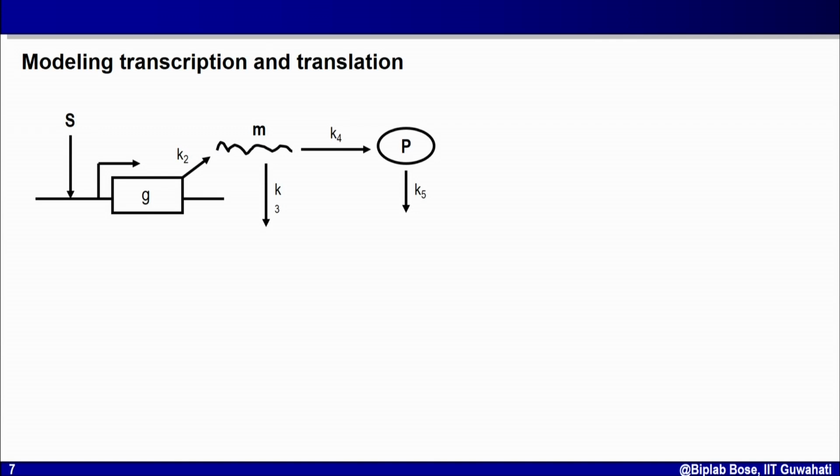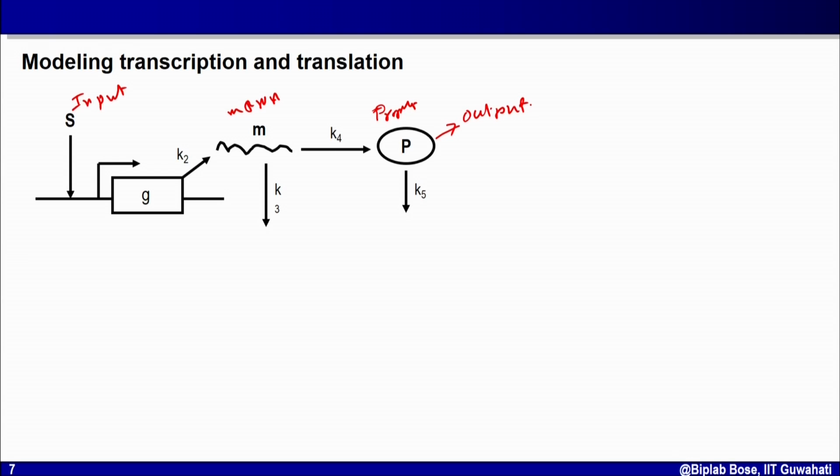So once I have these Hill functions, the inverse and the normal Hill function, in hand, let us try to model a transcription translation unit using this Hill function. So what I have is the same scheme. S is the signal, which I can consider as an input, which gives a positive induction for transcription of the gene G, and I get the mRNA M, which gets degraded and which may get translated by the ribosome, forming protein P, and this is my output.